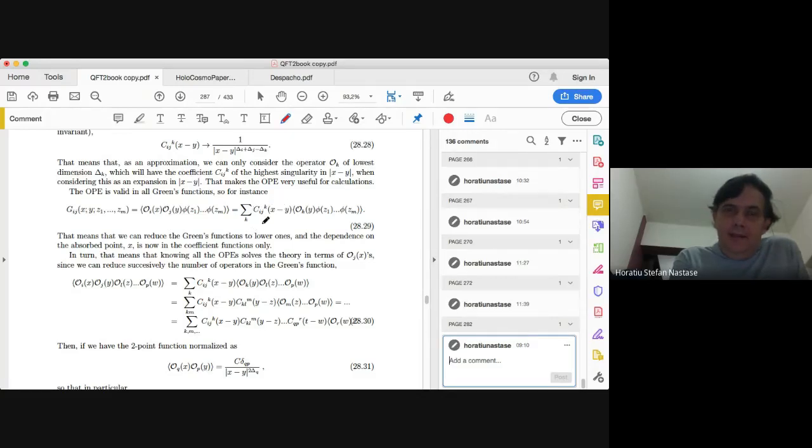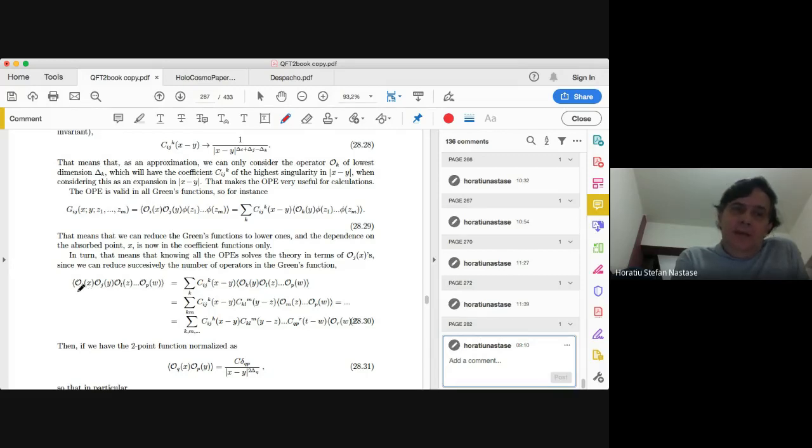So if I do know the OPE, which means if I do know the coefficient functions for all k, then I basically have solved the theory, because I can iterate this fact and calculate the Green's function or VEV of any product of operators.